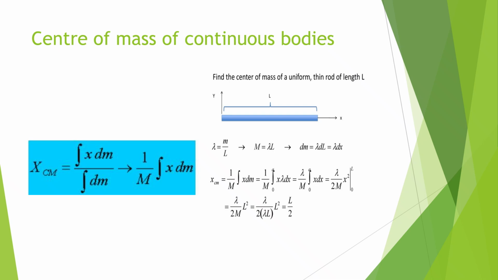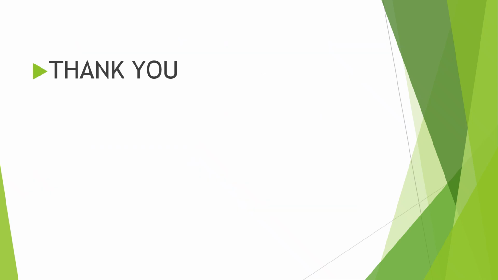Again we can replace the mass M as lambda into L. Then lambda and lambda will cancel, and L and L will cancel. I get L by 2, which means that the center of mass of a uniform rod is exactly at the center. So thank you all for watching this video.